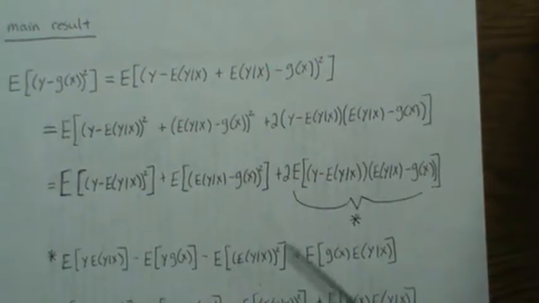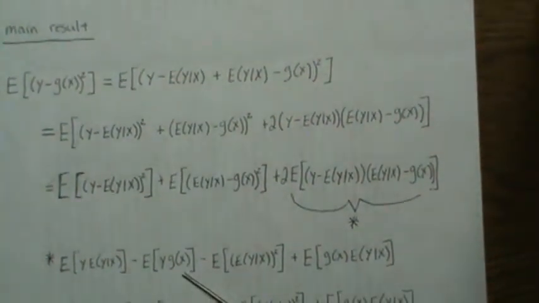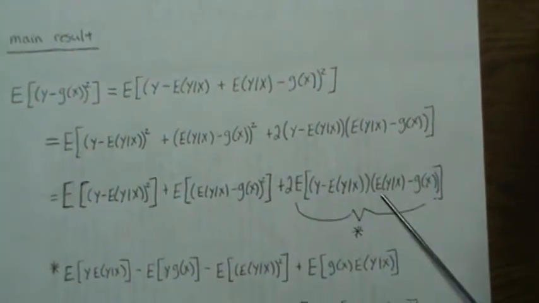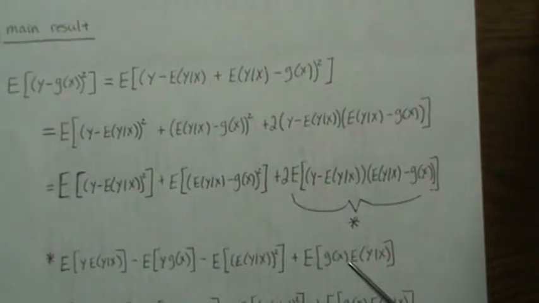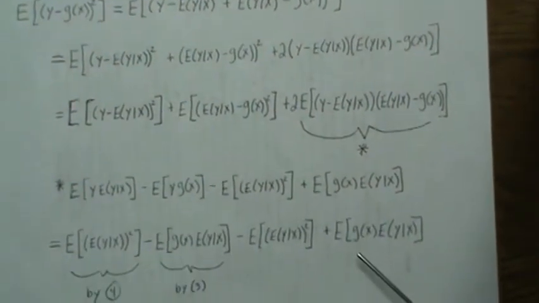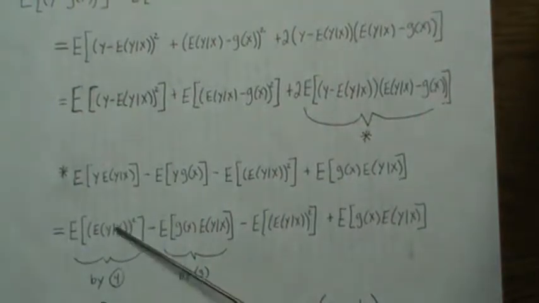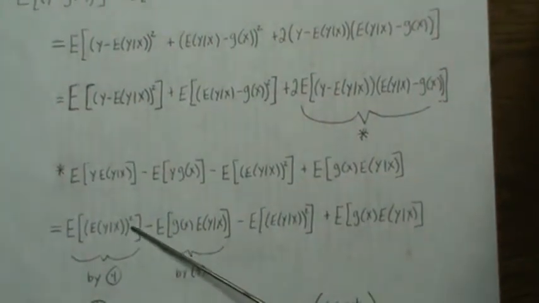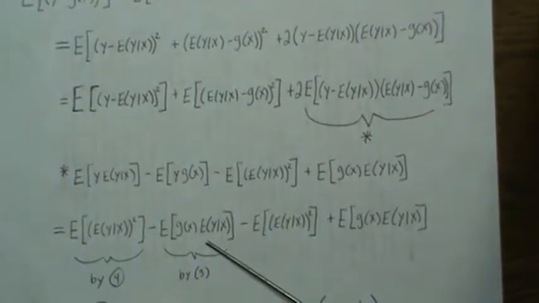So that times that, this times this, and then the expected value. Then this times that, which is this, and then that times that, which is this. Well, by 4 above, this is equal to the squared result. And by 3 above, this is equal to that.